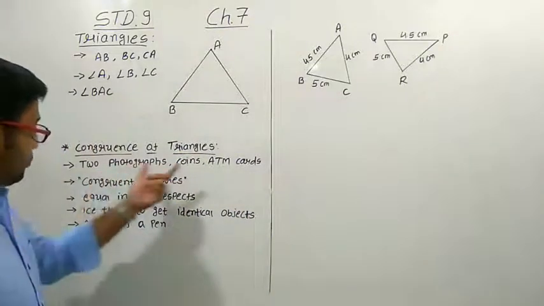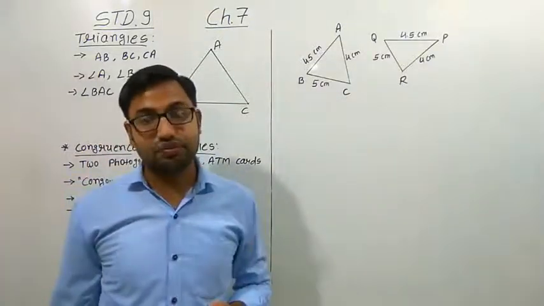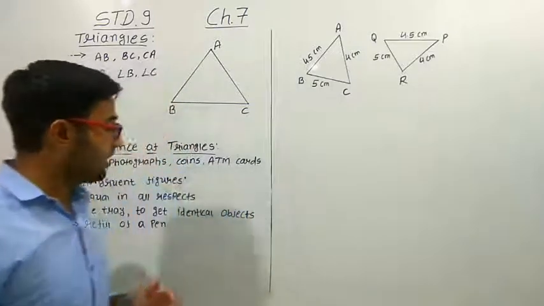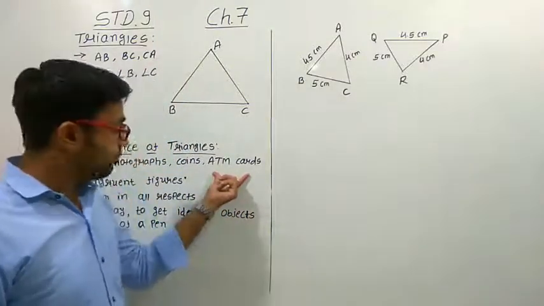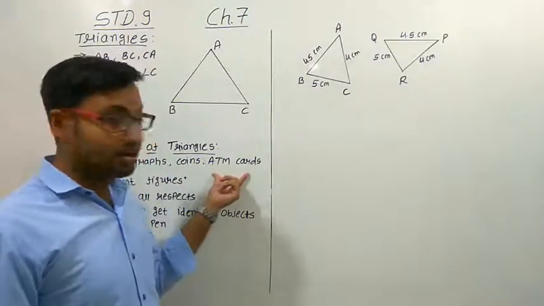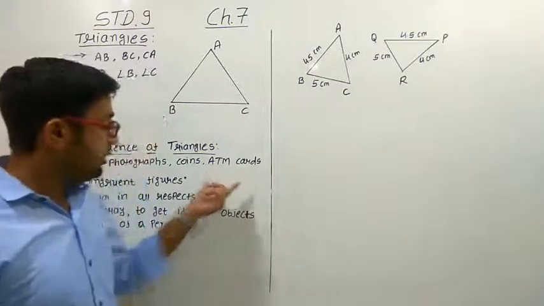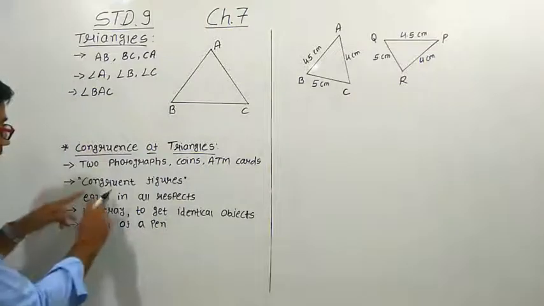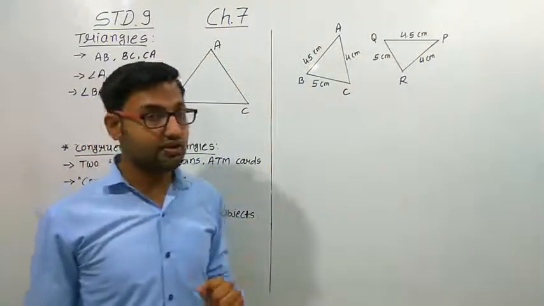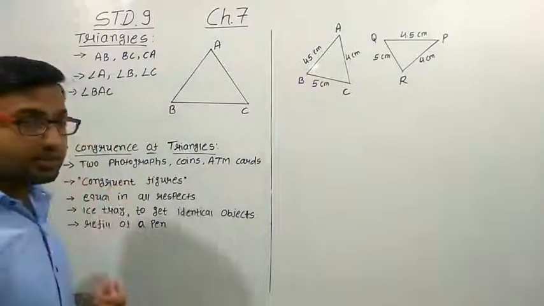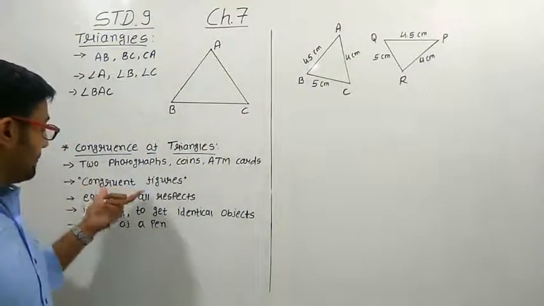So these three examples lead us to a concept that whenever two shapes or two figures cover each other completely, then those two figures are called congruent figures. Now what does congruent mean?